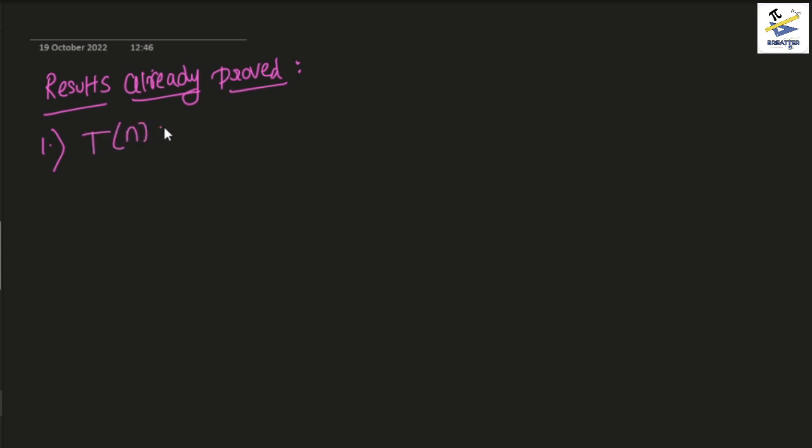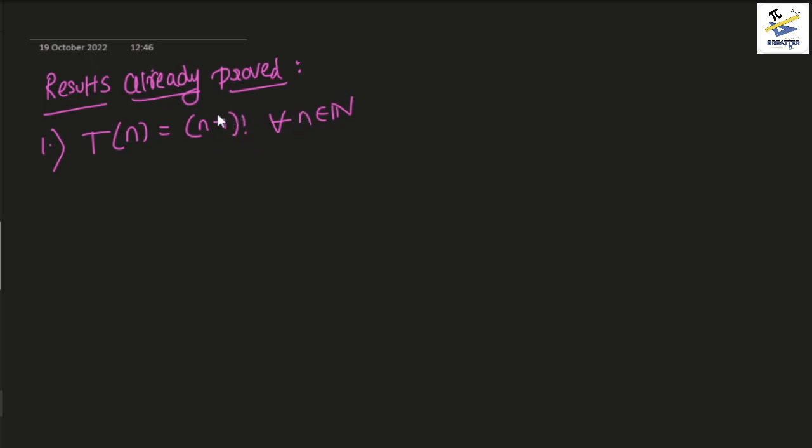So recalling from the previous two chapters, results already proved are as follows. Number 1: gamma of n is equal to (n minus 1) factorial for all n belonging to natural numbers.